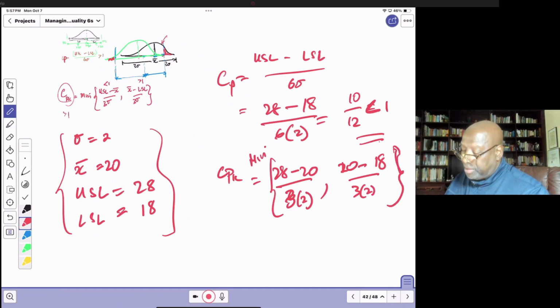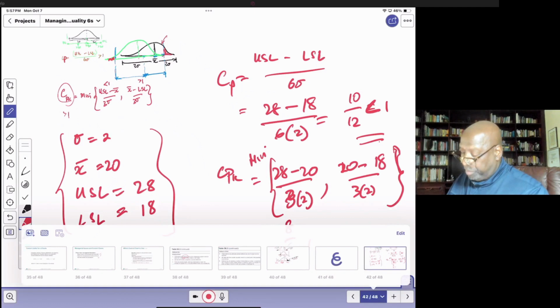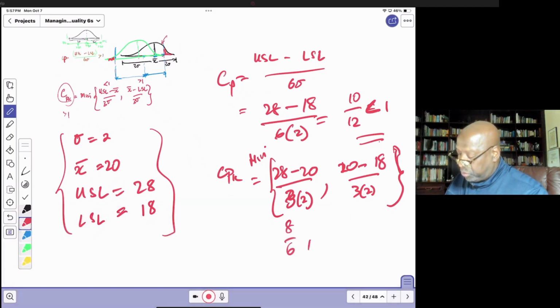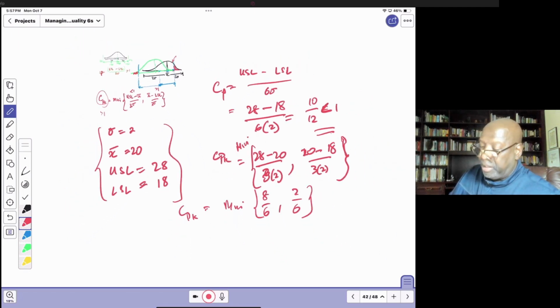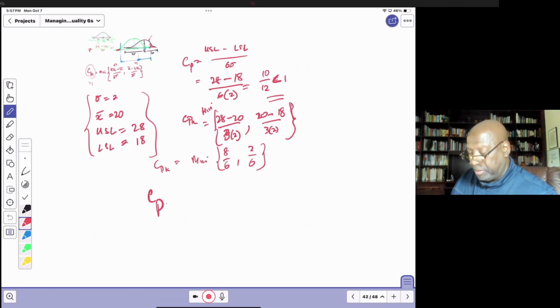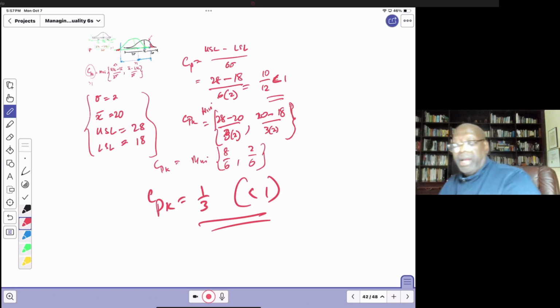The minimum is our CPK. So in that case, it's just 1/3. Our CPK is 1 over 3, which is less than 1. So clearly, for this example, the process is not capable.